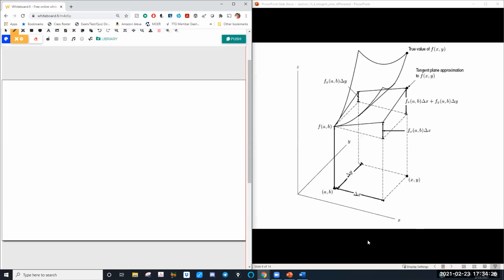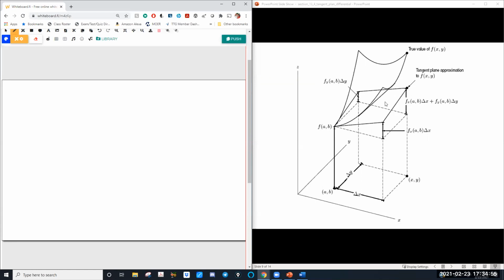So here's a picture that I've always liked to kind of see what a tangent plane looks like. So here's the point of tangency. And what we're doing is we're taking the instantaneous change in the x direction times a change in the x direction, and an instantaneous change in the y direction plus the change in the y direction to estimate the change in the z direction.